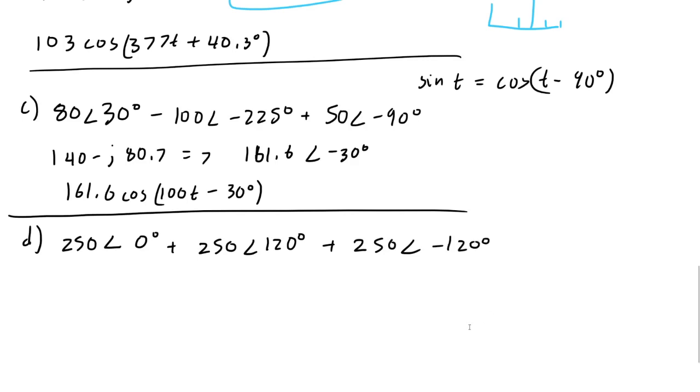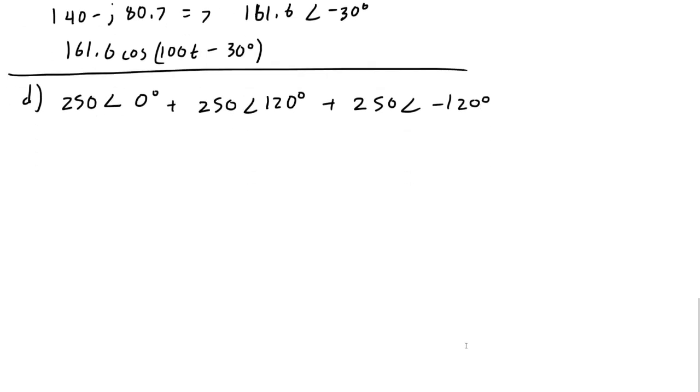Now this is kind of an interesting thing you may have not seen before. Well, remember earlier in the course when we did that whole delta-wye transformation? You can kind of see a reason why that happens in a moment.